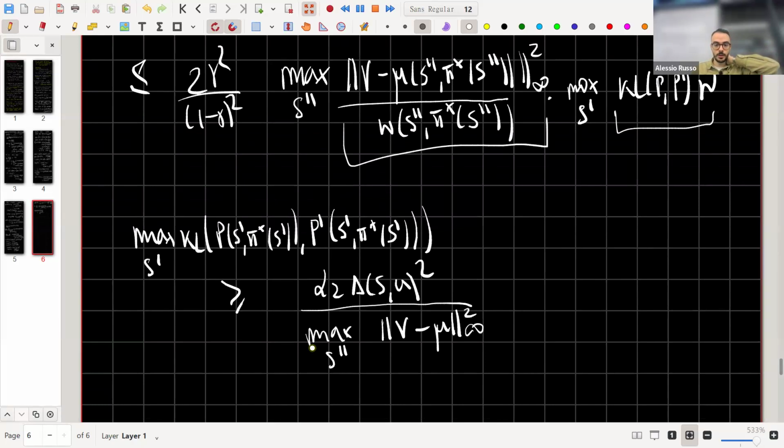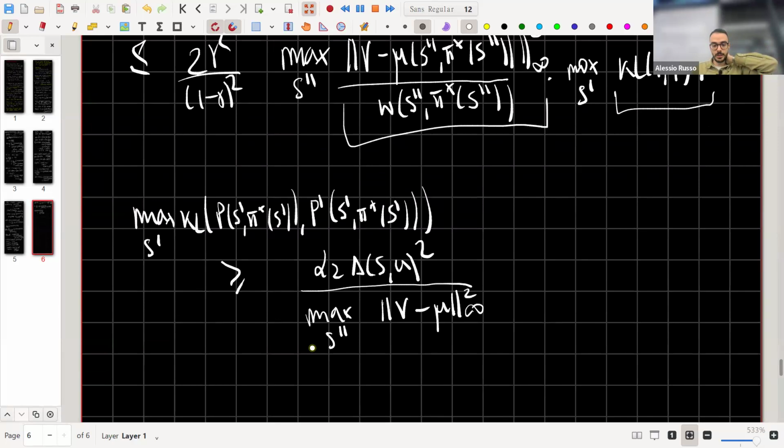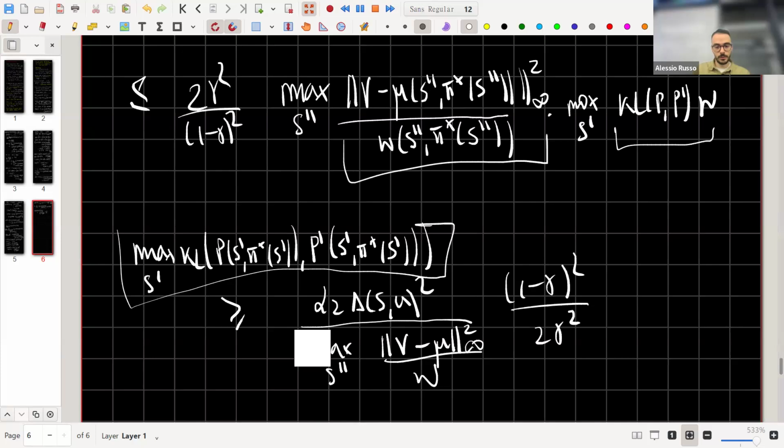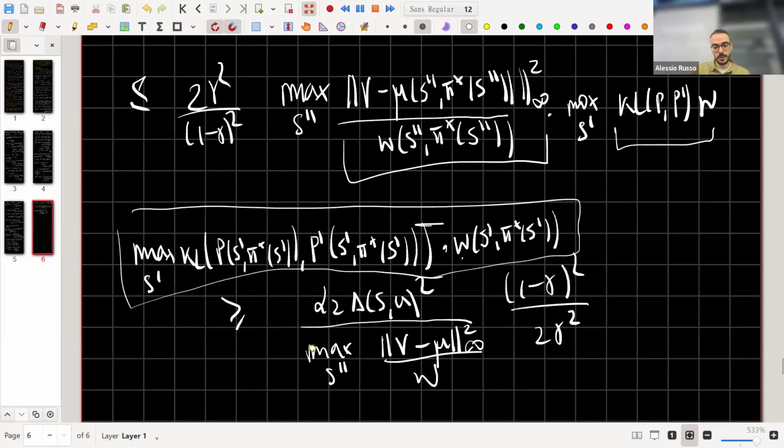Also here we had the square divided by W. And then we also have the 1 minus gamma squared divided by 2 gamma squared. So we found a lower bound on this KL that multiplies also W S prime pi star S prime. So this quantity is lower bounded by this other quantity.